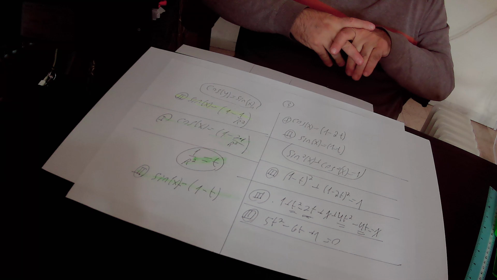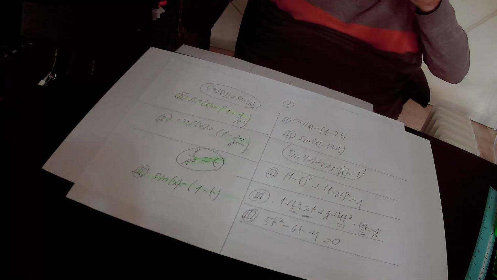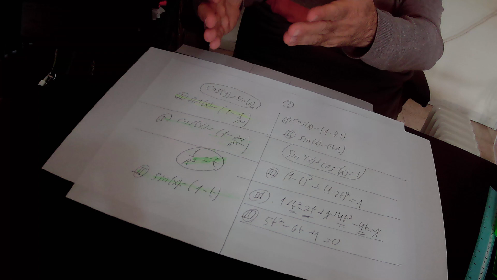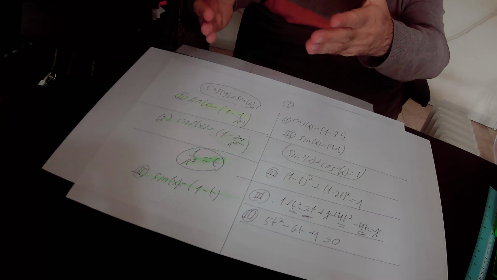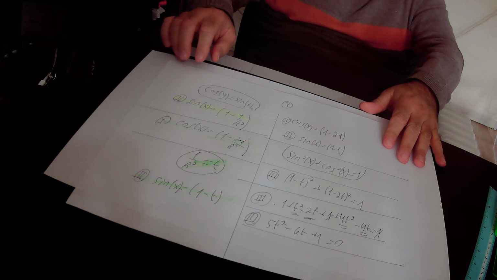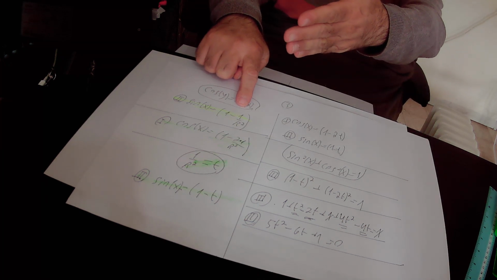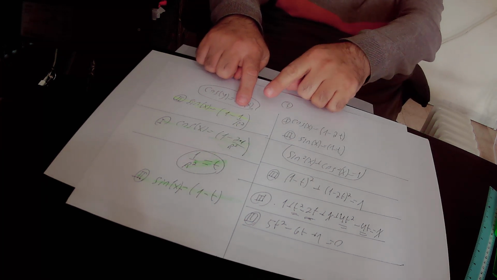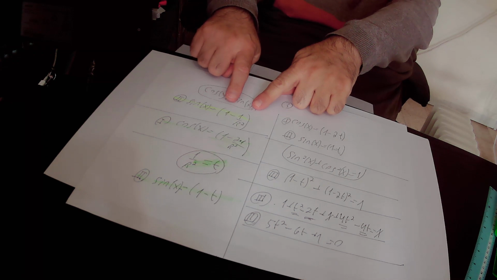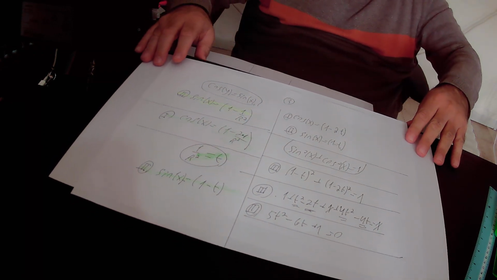Then we defined 1 over r squared as t, and we substituted t for 1 over r squared in equation number 1 and equation number 2. So in equation number 2 we have sine x equals 1 minus 1 over r squared. 1 over r squared is t, so sine x equals 1 minus t.